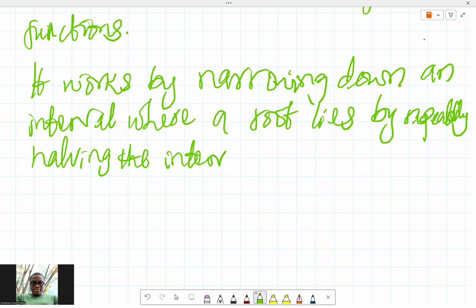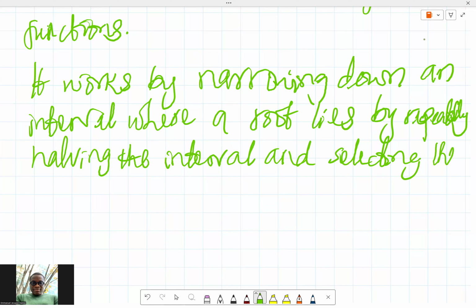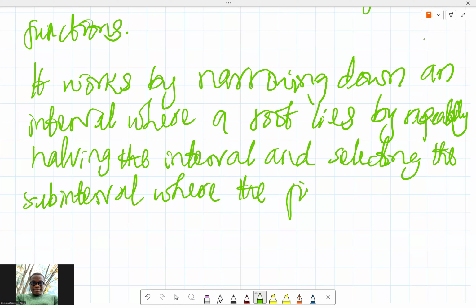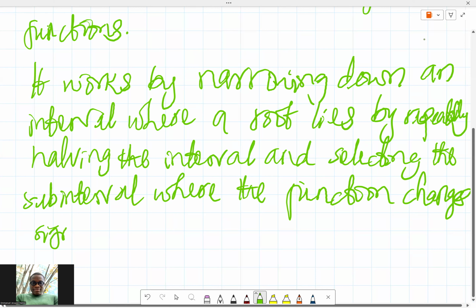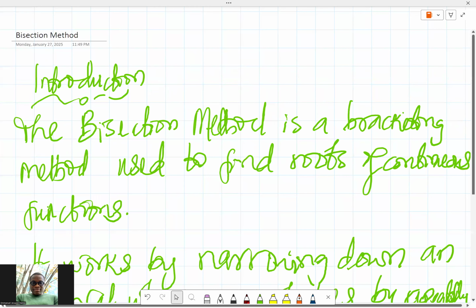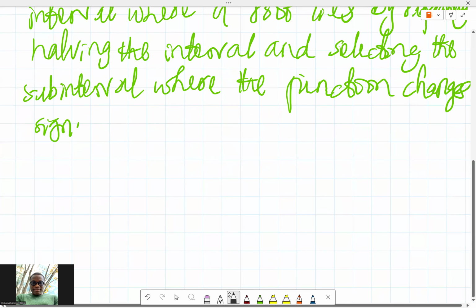So you're bisecting the interval by repeatedly halving the interval and selecting the sub interval where the function changes sign.